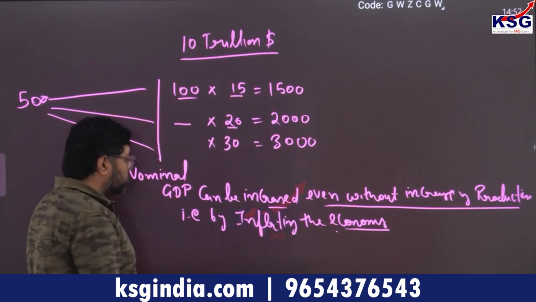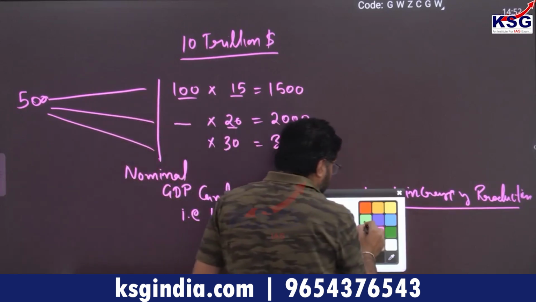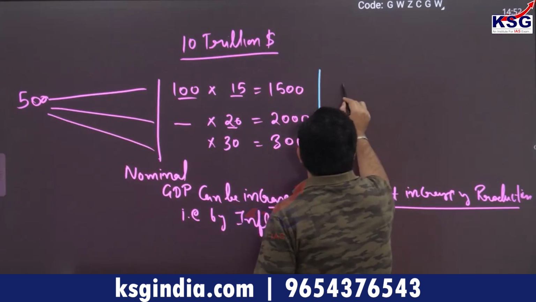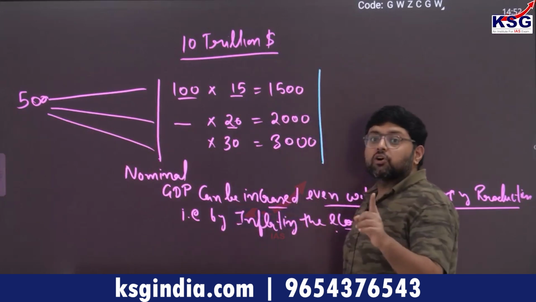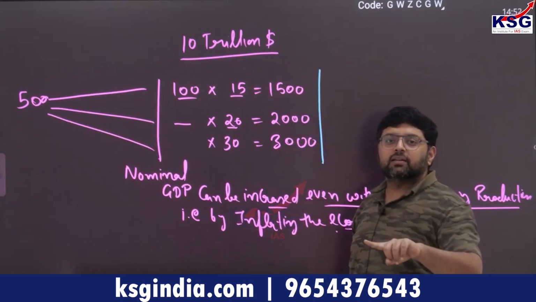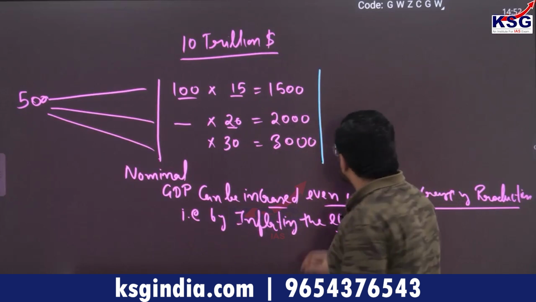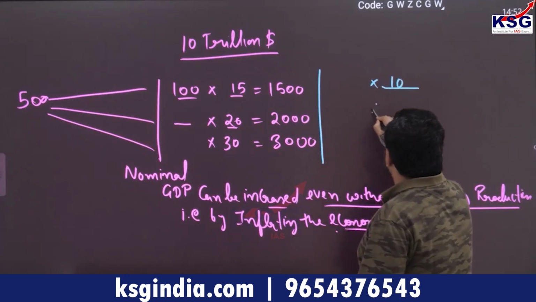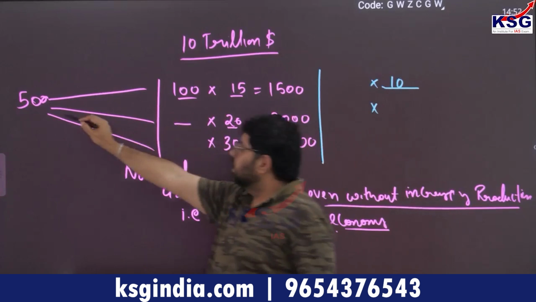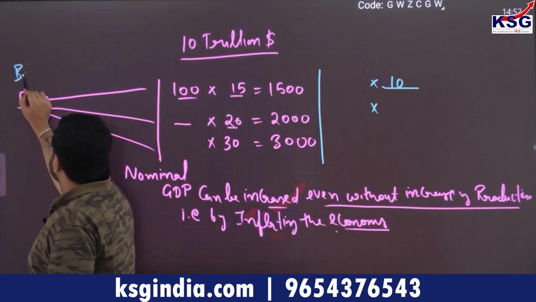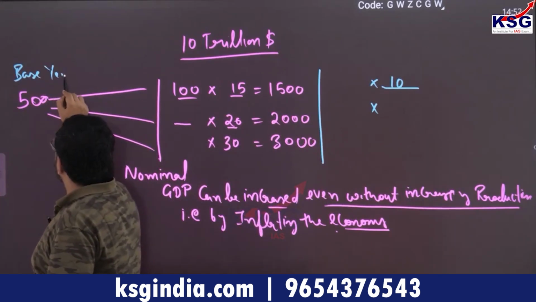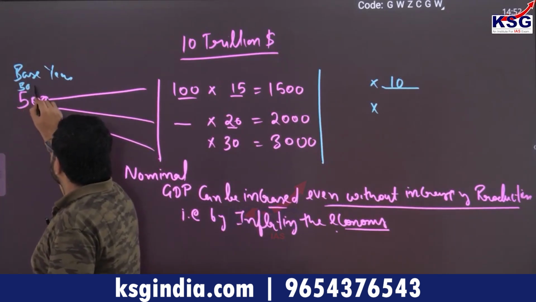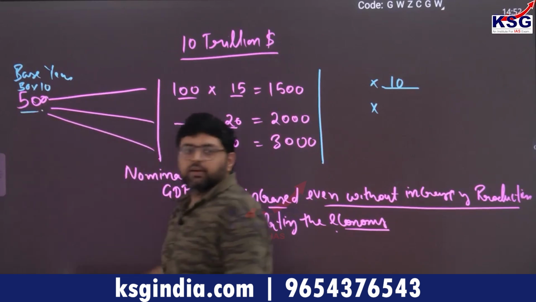Whereas in real GDP, our focus is on increasing the production, not on prices. That is why we take constant prices, so whatever the price in the base year. In the base year we have 50 pens and the price is 10, that is why we have 500 GDP.